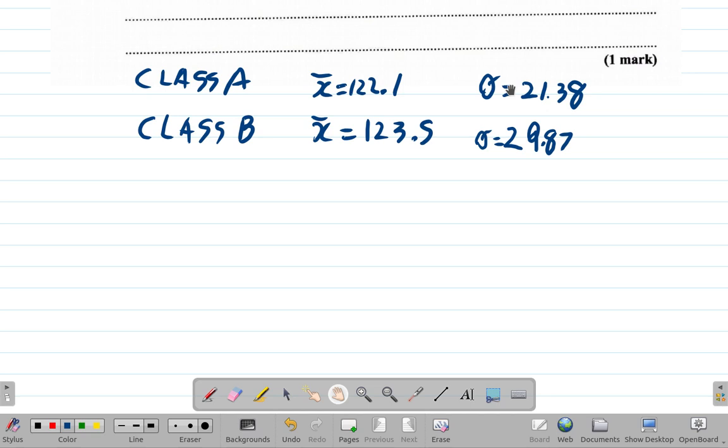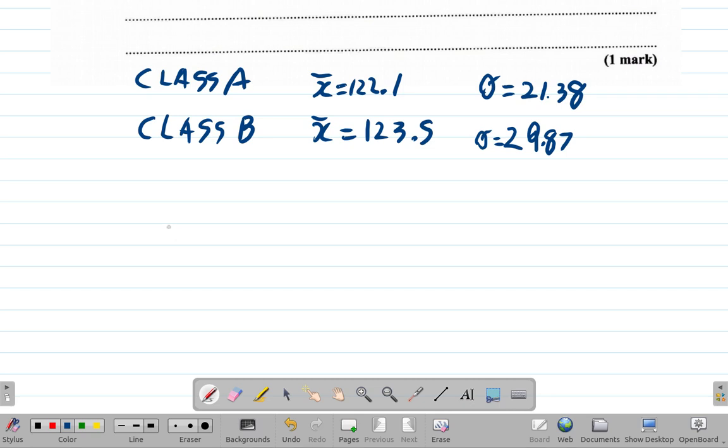The range of heights for class A has a narrower range of heights compared to class B. Because the thing is, remember, the standard deviation tells you how much all the values spread. Remember that they really want to see if you know what the standard deviation means.